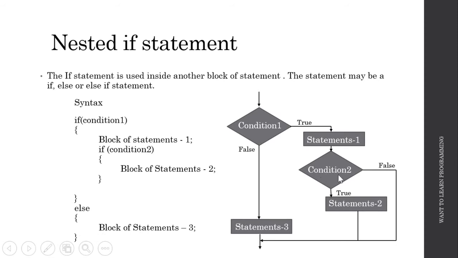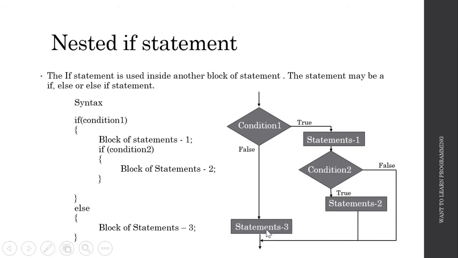If the second condition is false, then it does not execute statements 2 and continues with the rest of the code after this else. If condition 1 is itself false, then it goes to the else block, executes statement 3 and then continues with the rest of the program.